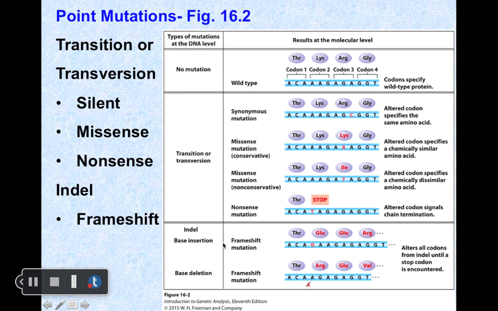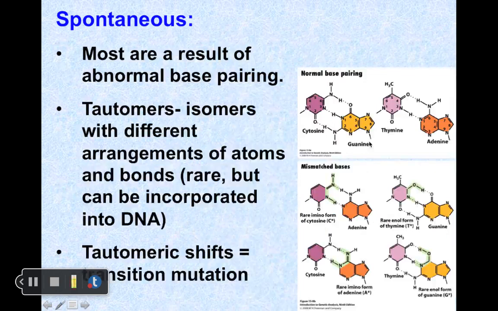So anytime you insert or delete a base, that has a potential to induce a frame shift mutation that will essentially throw off the reading frame and potentially form an entirely new sequence of amino acids in the protein until a stop codon is reached. So again, this simply illustrates the different types of point mutations and their potential consequences in the proteins that are formed. It turns out that some mutations are spontaneous.